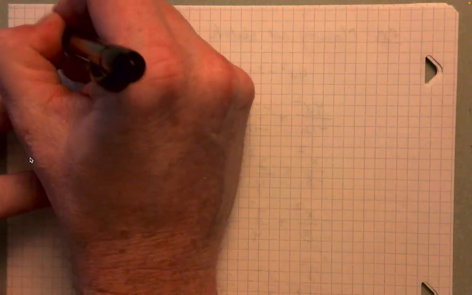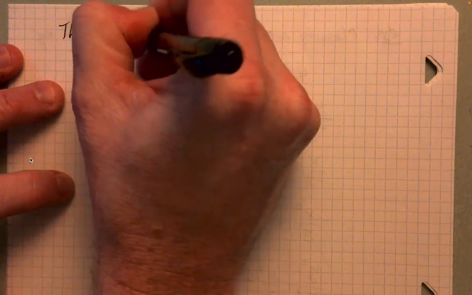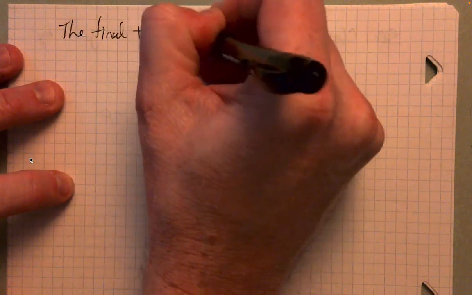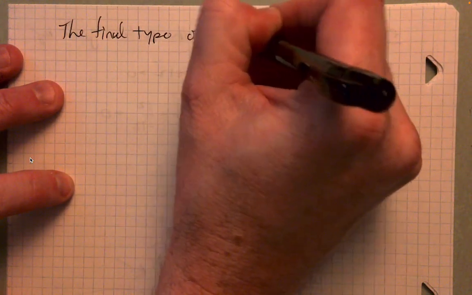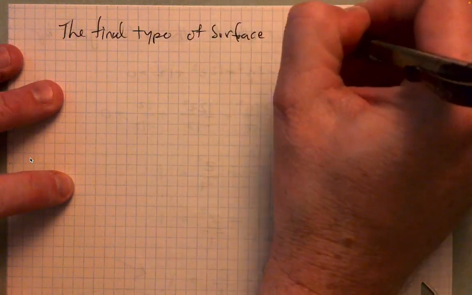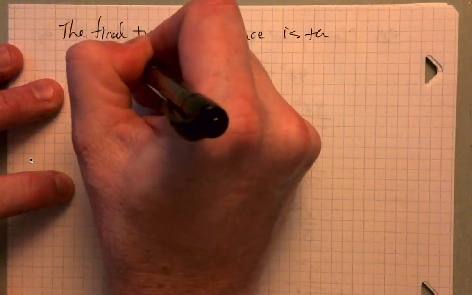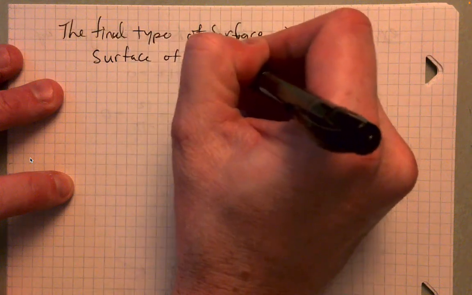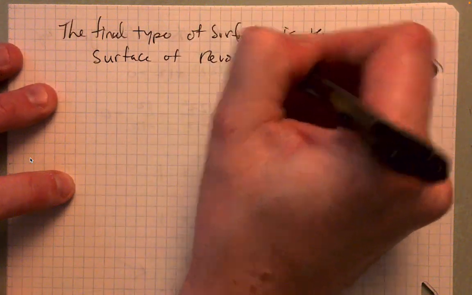But the final surface that we want to talk about in this section is what's called the surface of revolution. Now, we have seen this before, right?